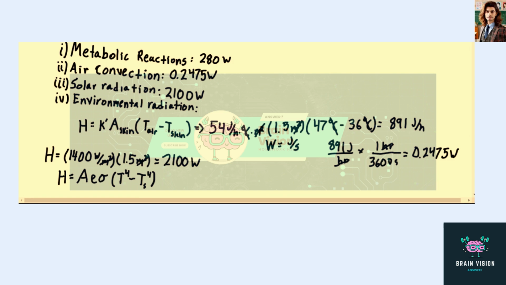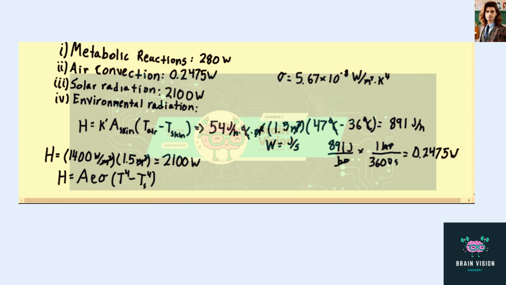E is the emissivity of the skin, which is valued to 1. And sigma is the Stefan-Boltzmann constant, which has a value of 5.67 times 10 to the minus 8 watts per meter squared times kelvins to the 4th.